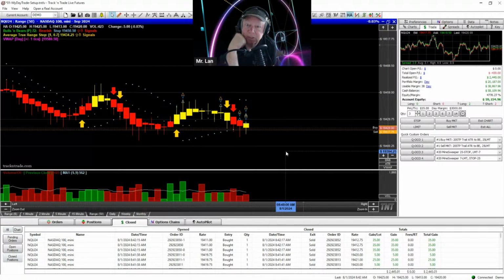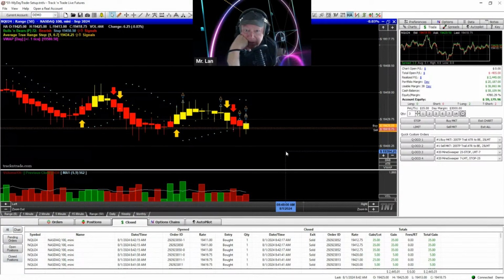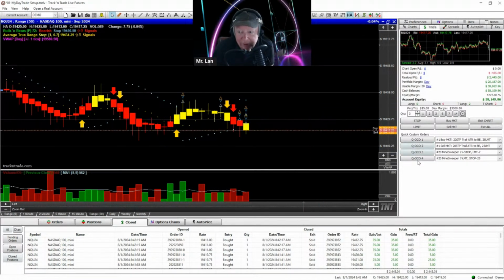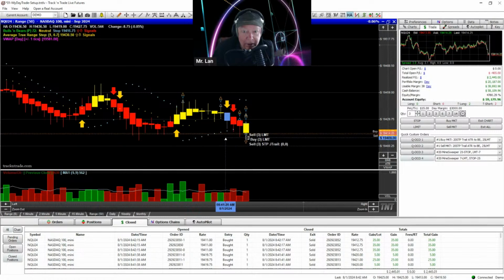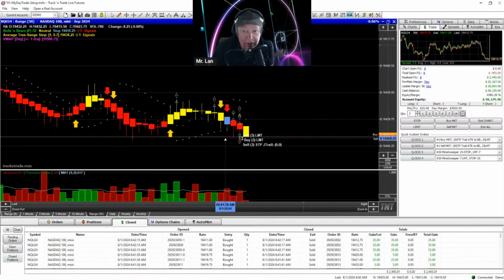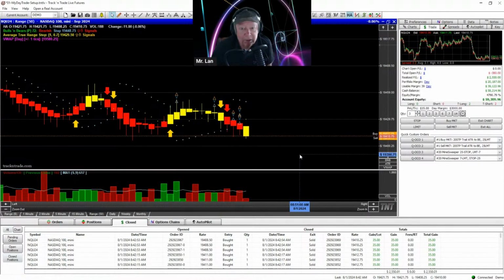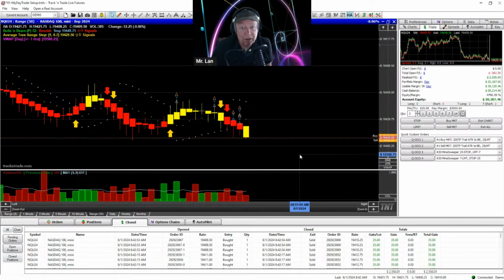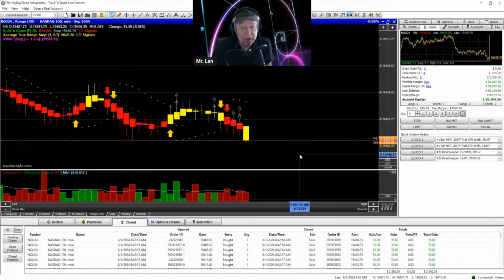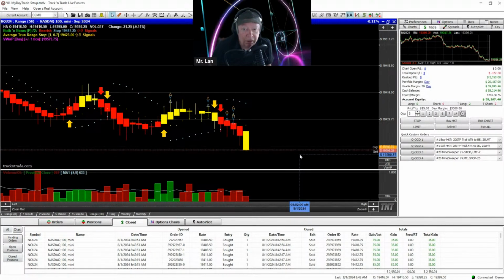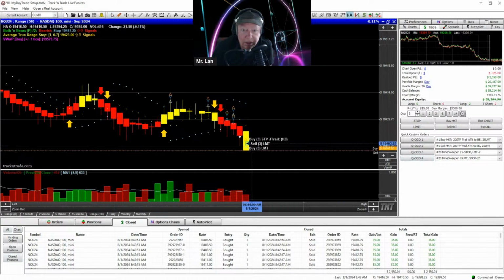Those are all reversals. I don't know if we get those. I'd like to go the other direction. Usually we'll see on the pullbacks. Got one here. Got that one. A limit on the.